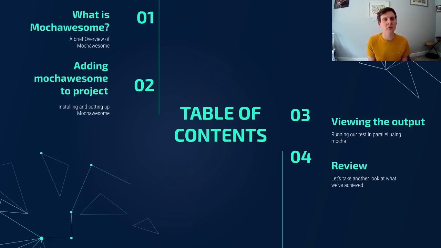Once we've added those reports, we'll run our tests through again and we'll check the results, this time on the newly generated reports. And as ever, at the end, we'll just have a quick recap of everything that we've done during this video. So let's have a look at what Mochawesome is.